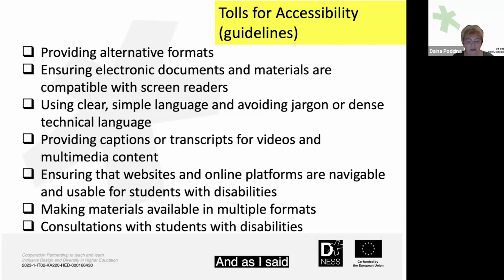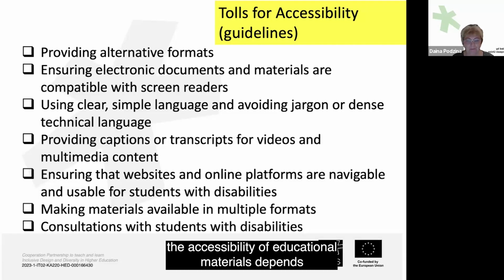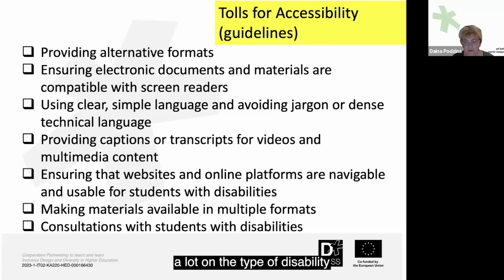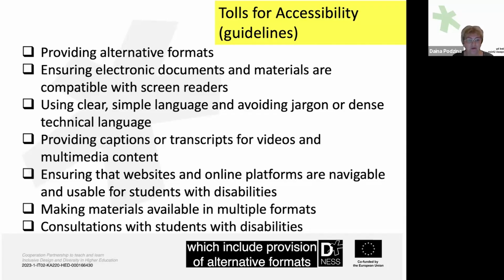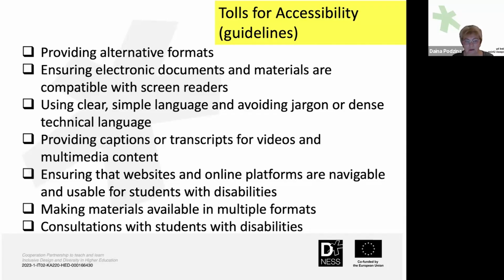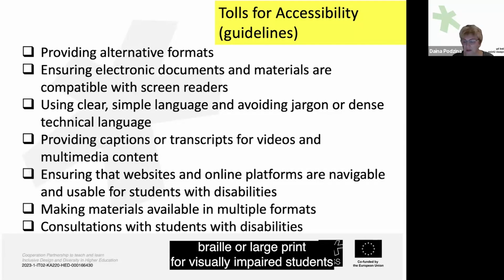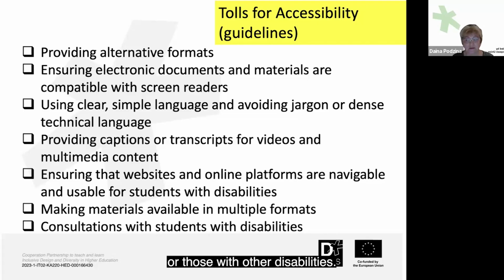And as I said, the accessibility of the educational material depends very much on the type of disability, and here we mention also some common ones, which include provision of alternative formats, such as audio recording, braille, or large print for visually impaired students or those with other print disabilities.